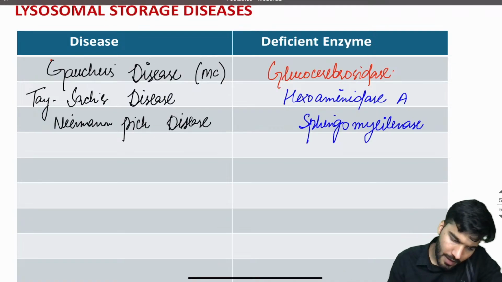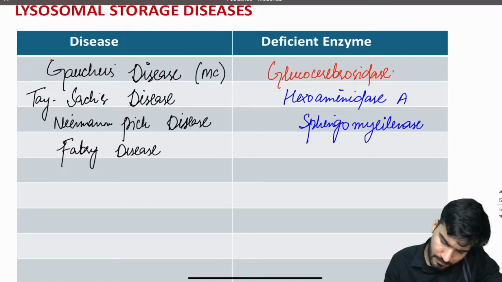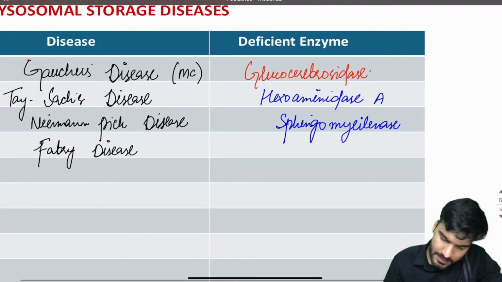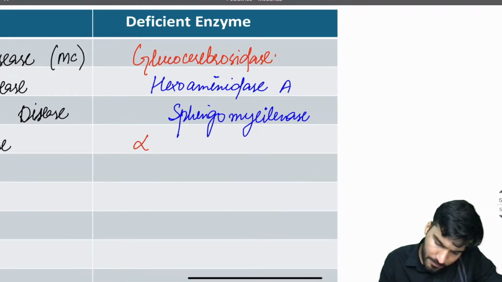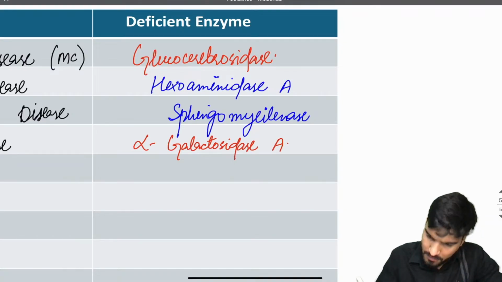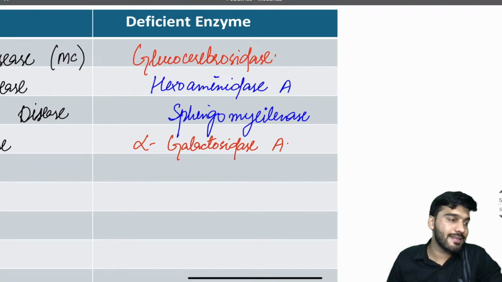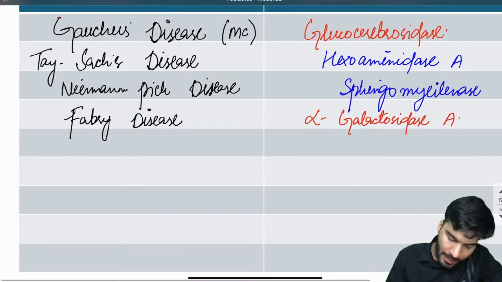Followed by that, we have Fabry disease. In Fabry disease, we have alpha galactosidase A. Next one, we have Krabbe's disease.